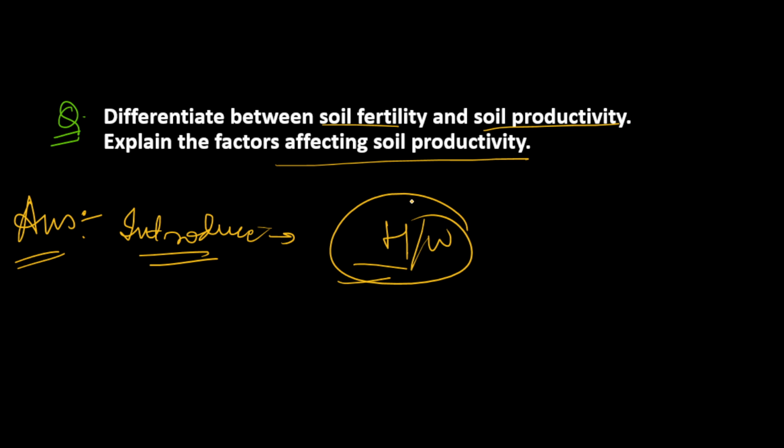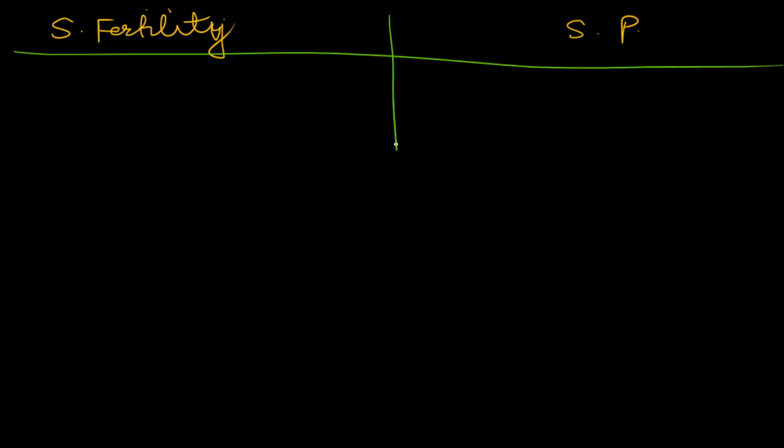Now let's move to the first part of the question, that is, differentiate between soil fertility and soil productivity. So we will see the difference between these two. First of all, soil fertility. How will you define soil fertility?